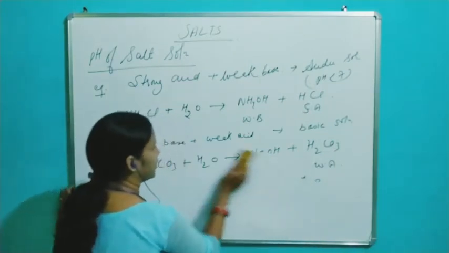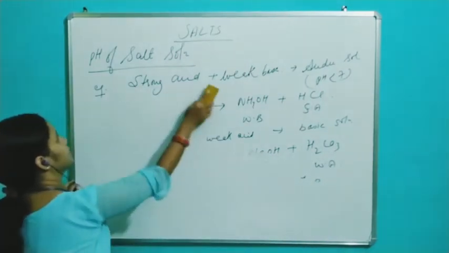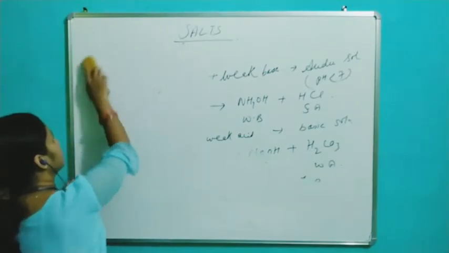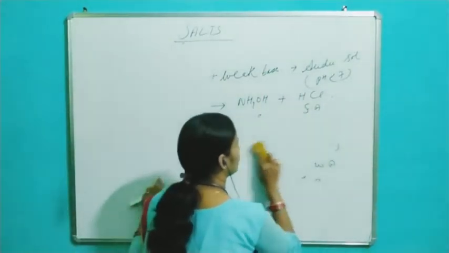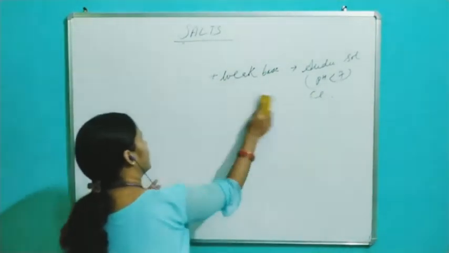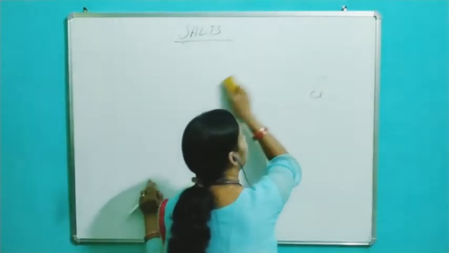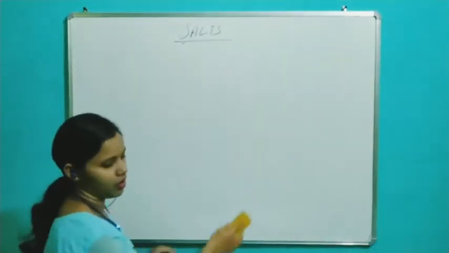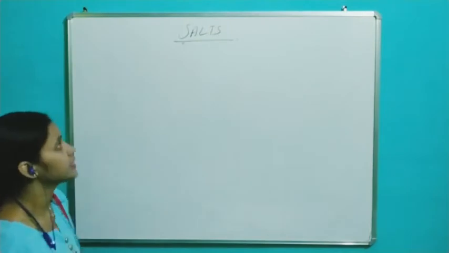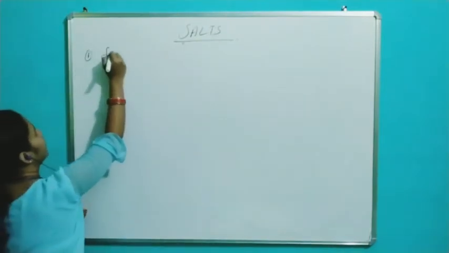So the next part is the chemicals from common salt. First is sodium hydroxide.